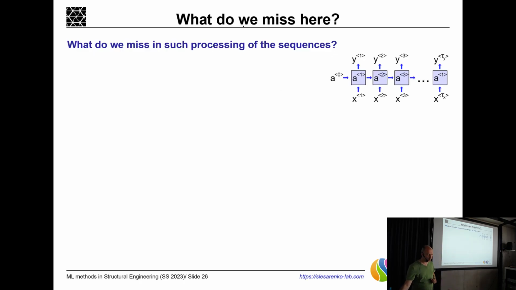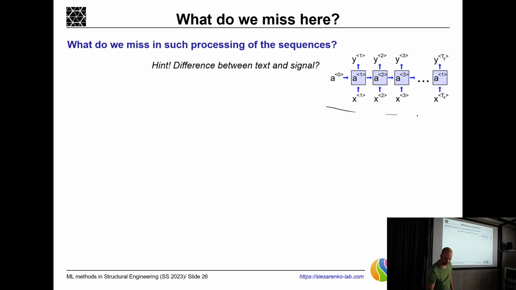But what do we miss in all these things? I give you a hint. What's the big difference between text and signal? Yes, but text also you can generate continuously. ChatGPT is just generating text until you stop it, more or less. But look at this scheme. I give you another hint.